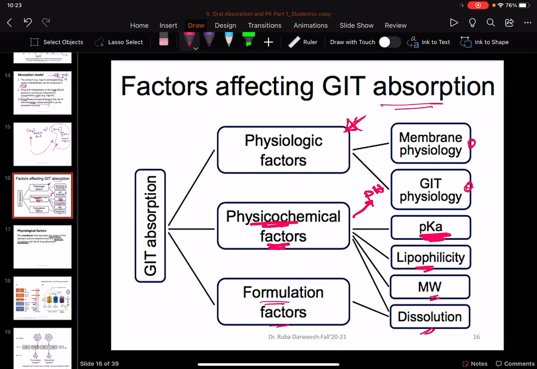Again, this is the definition of the factors that would affect absorption at the site of absorption or at a different site, which is what we call the biopharmaceutics of the drug. Okay.